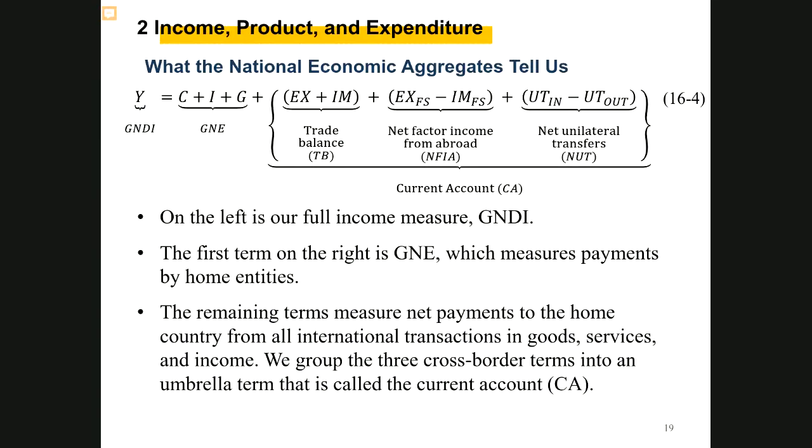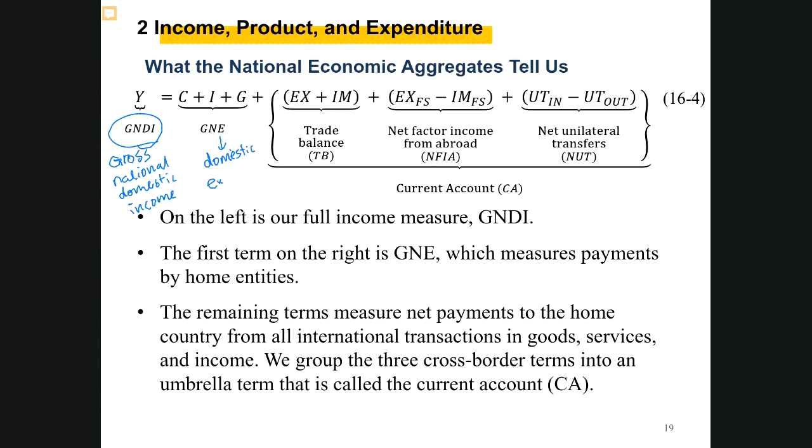Okay, so now we take a look at what the current account is. Here it's just another definition. This one is called gross national domestic income. Right, so the total income of this country is domestic expenditure by three parts, right?